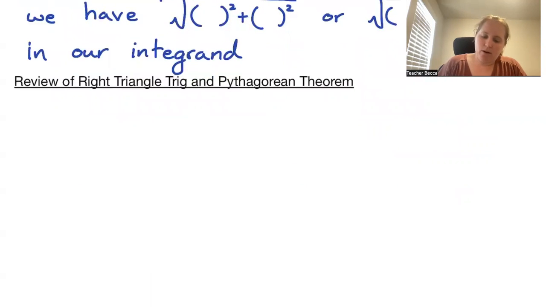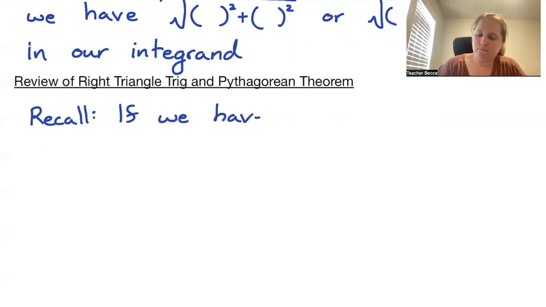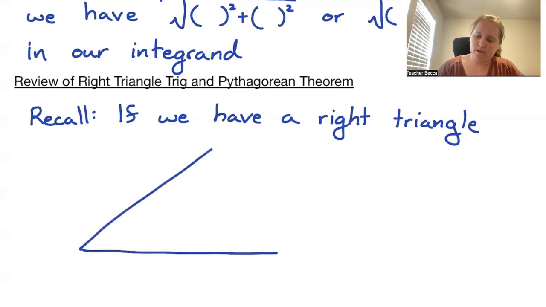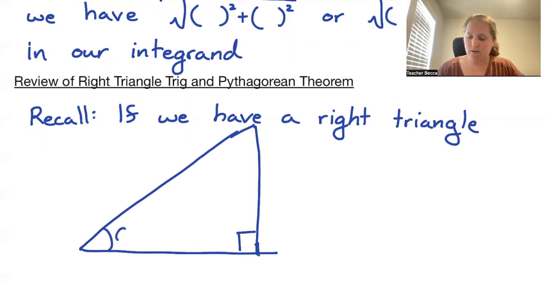So recall, if we have a right triangle, we'll go ahead and label one angle as theta.